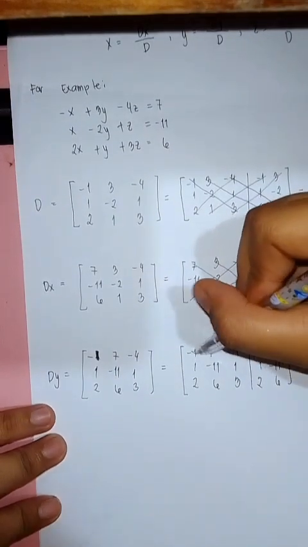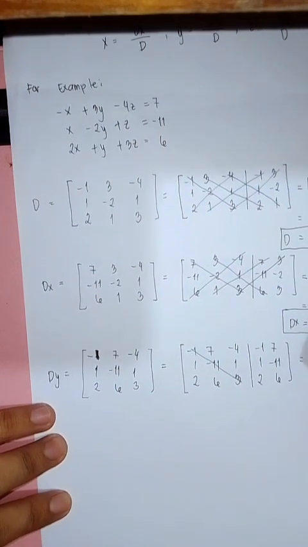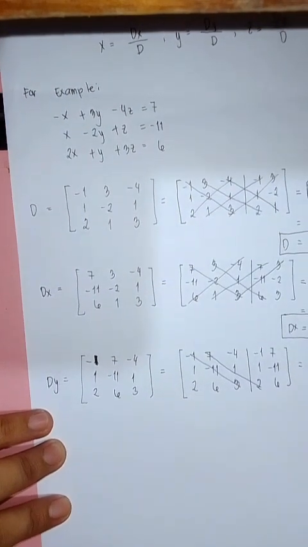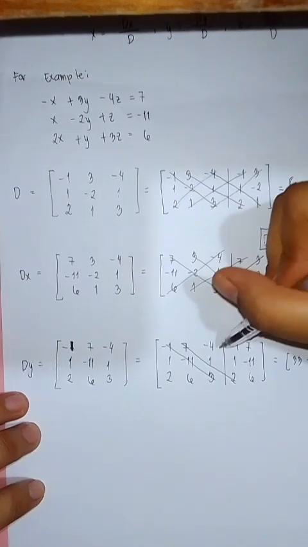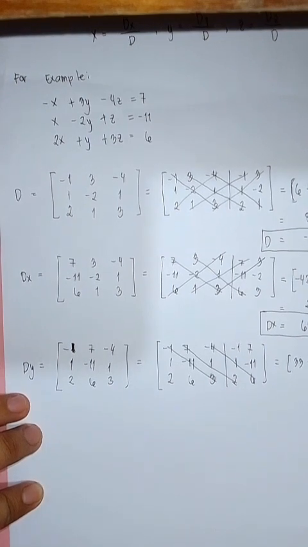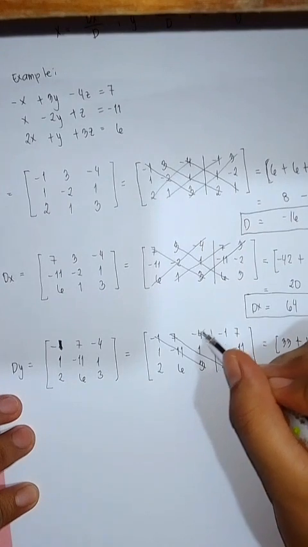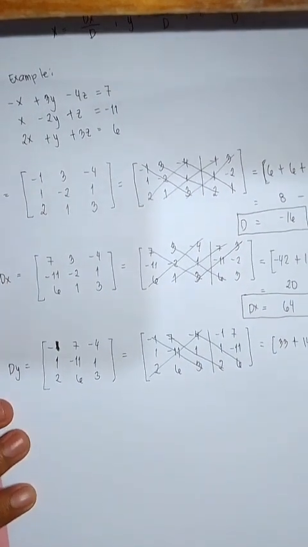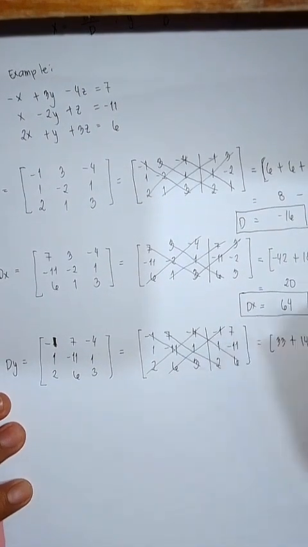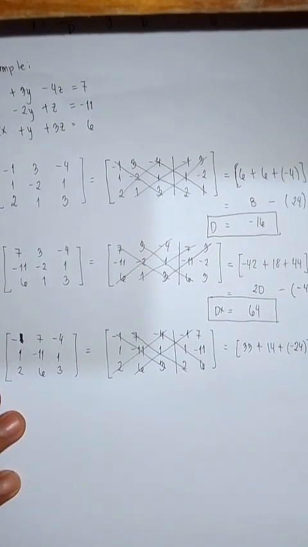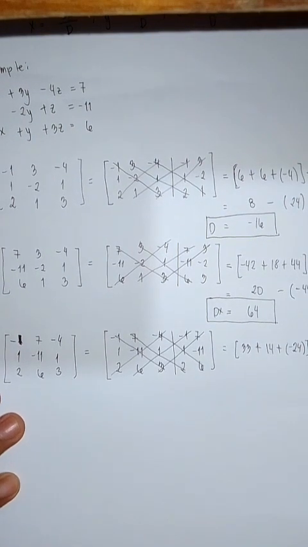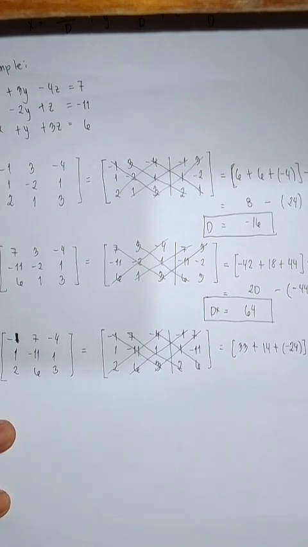So, negative 1 times negative 11 times 3 is 33, plus 7 times 1 times 2 is 14, plus negative 4 times 1 times 6 is negative 24, minus negative 4 times negative 11 times 2 is 88, plus negative 1 times 1 times 6 is negative 6, plus 7 times 1 times 3 is 21.